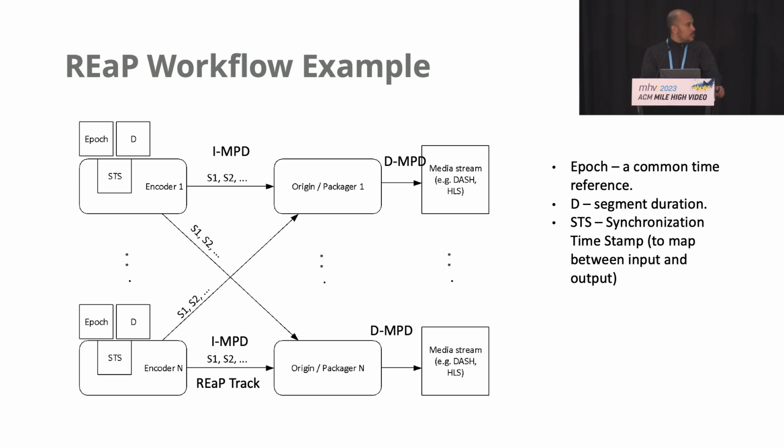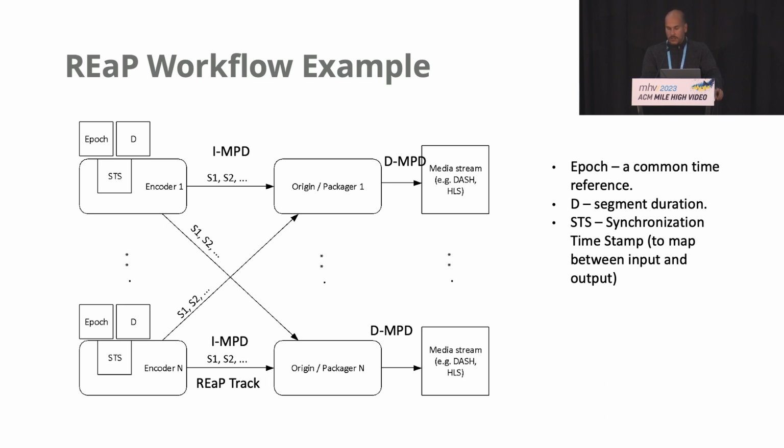Here I give a little bit more detail on the example workflow. Here we have multiple distribution encoders. In the spec there is this epoch. In the end, we decided to use the common Unix epoch. But there is this STS that can be used to map the input timing back to the Unix epoch relative timing, and there is D, which is the segment duration.